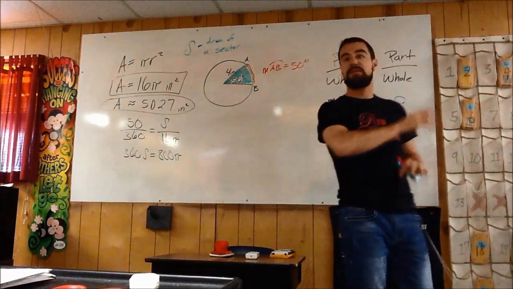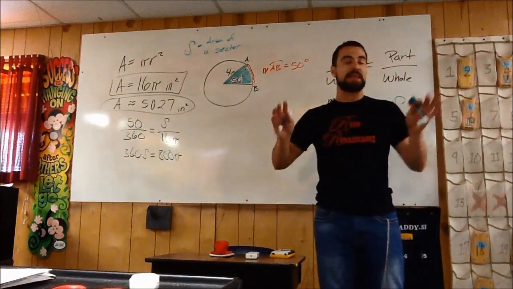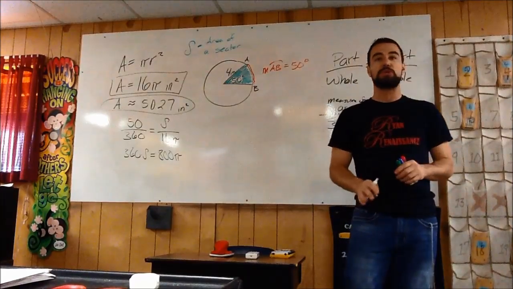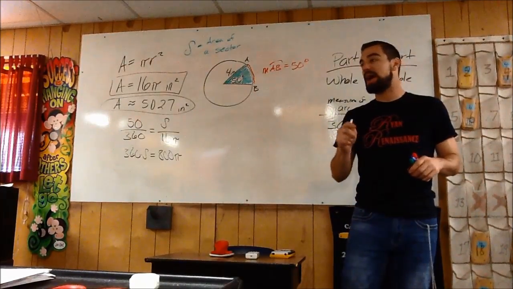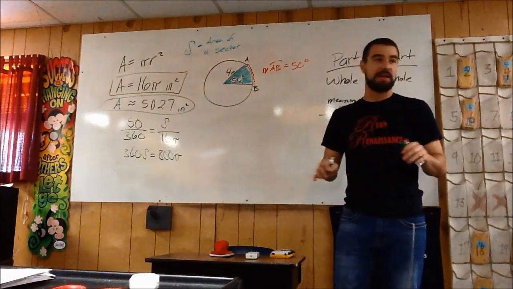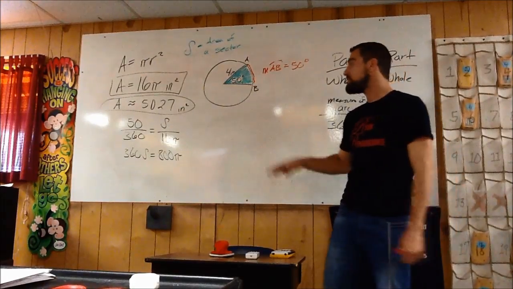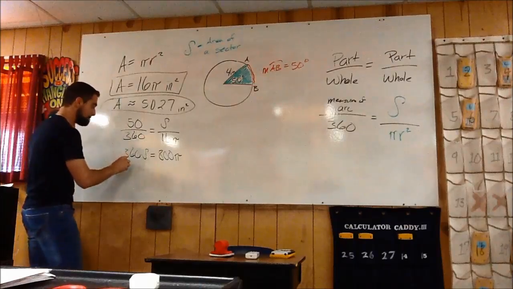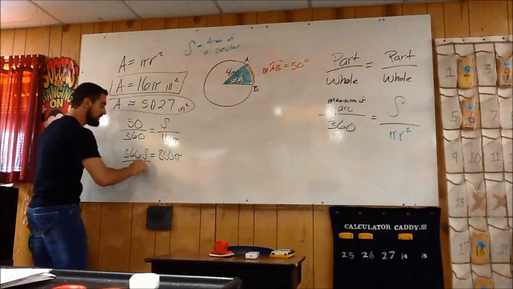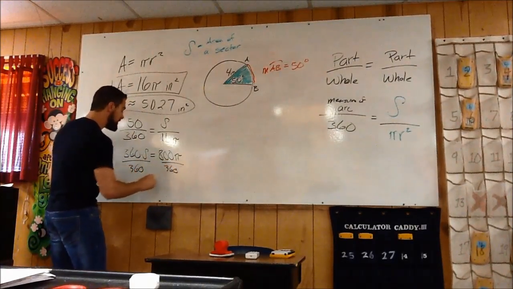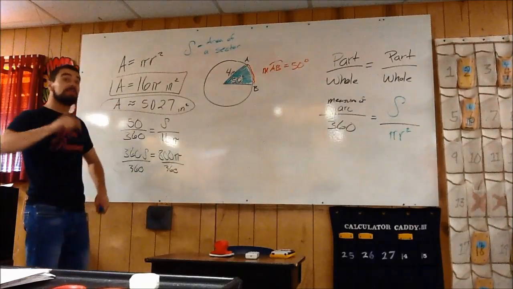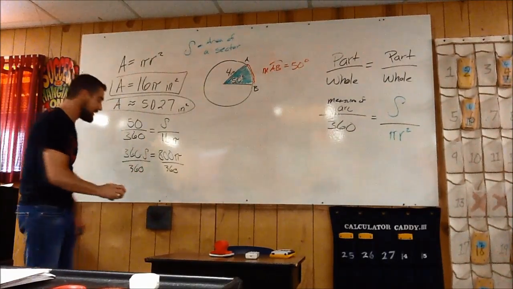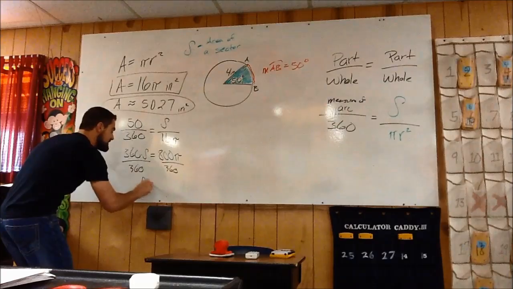That's the very last thing you will do, is type pi into your calculator to get the rounded answer. Up until then, you just let it be. Just keep writing. What's my next step? Divide both sides of the equation by 360 degrees, and I get my unsimplified exact answer.